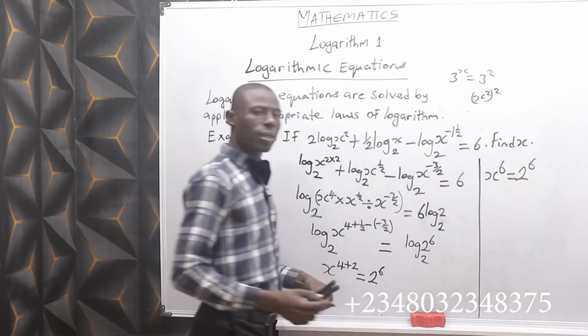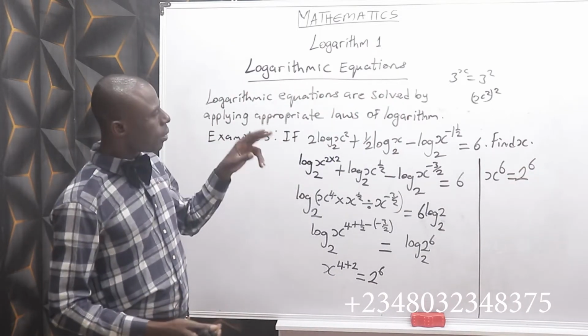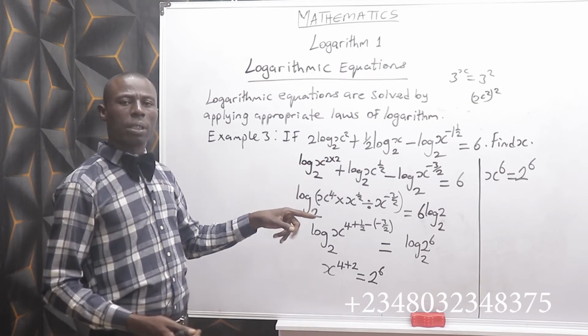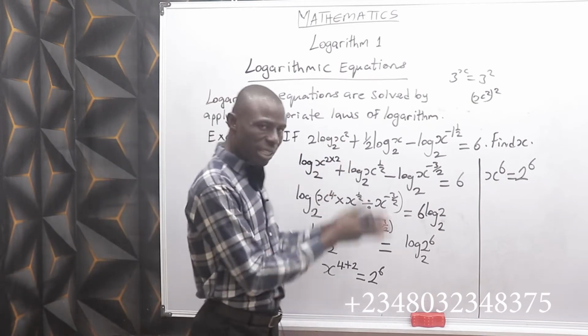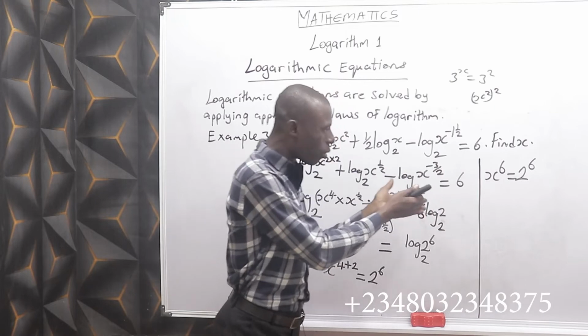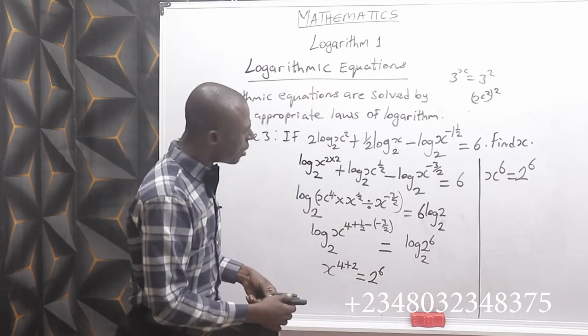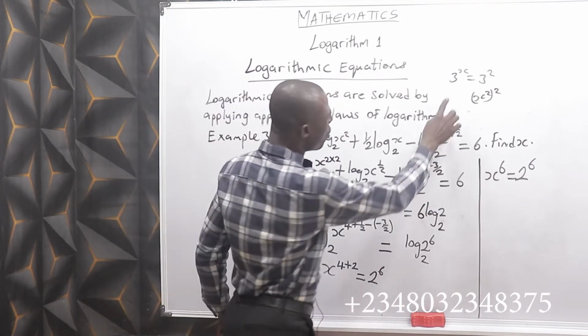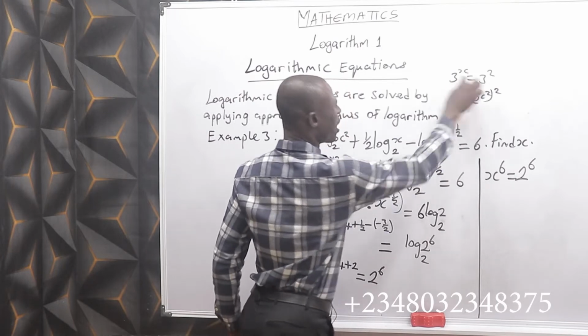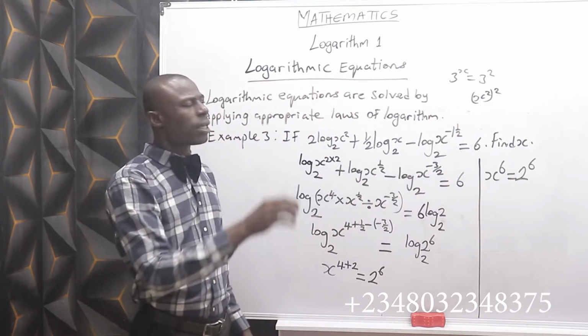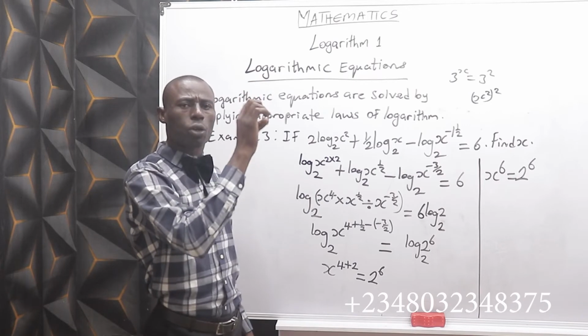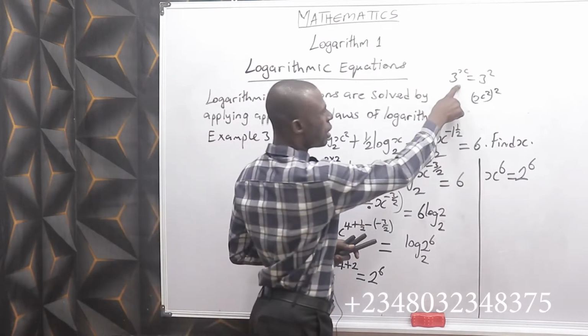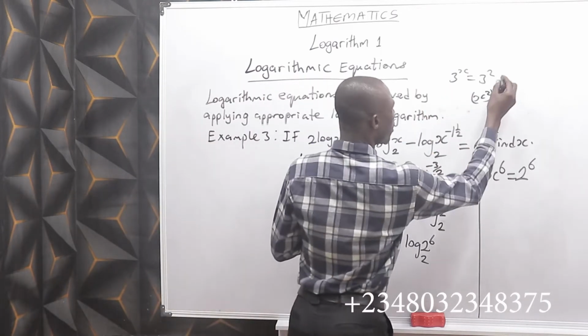power 6. Now, I taught you a law in indices. That law has presented itself again at the end of this logarithm. In indices, we say once we have equal base on different sides of the equation, then their powers also must be equal, as you see here displayed.